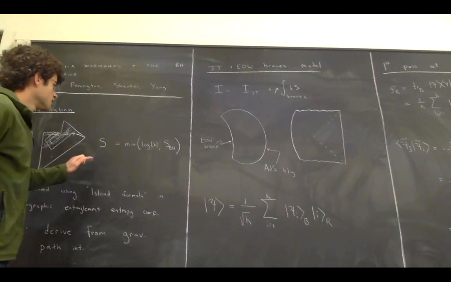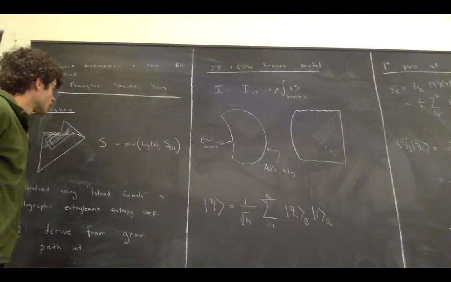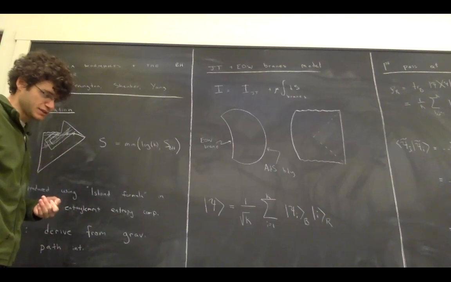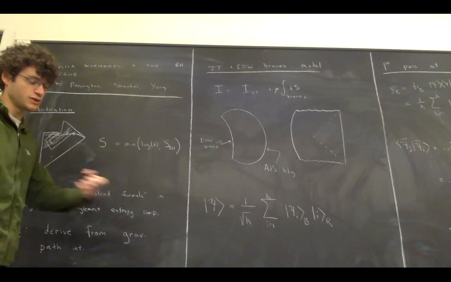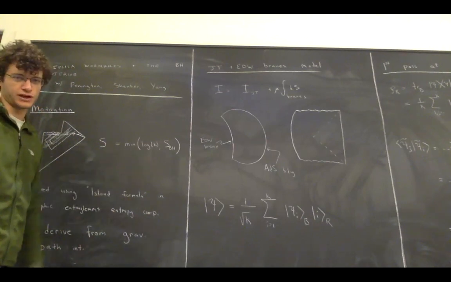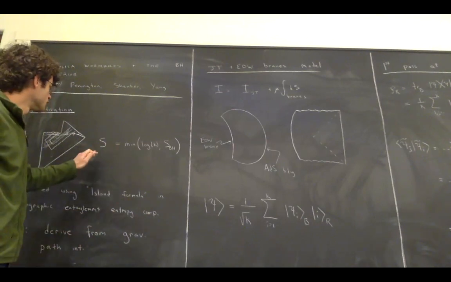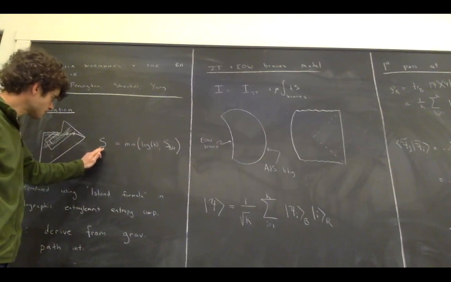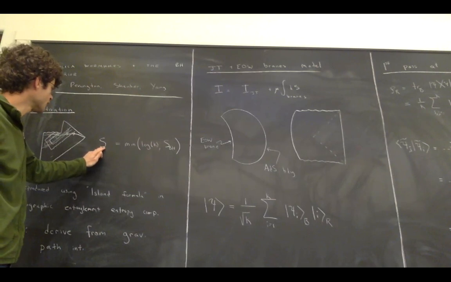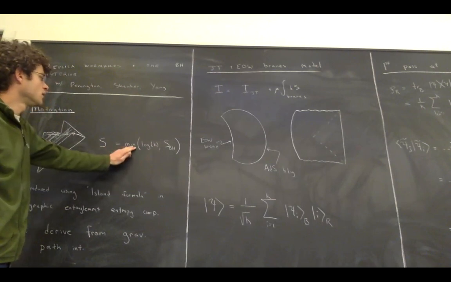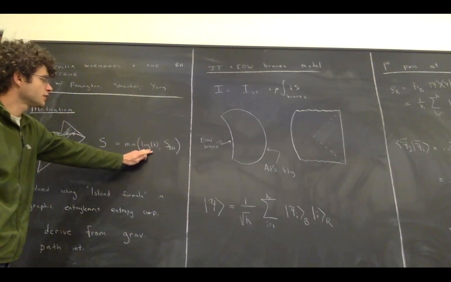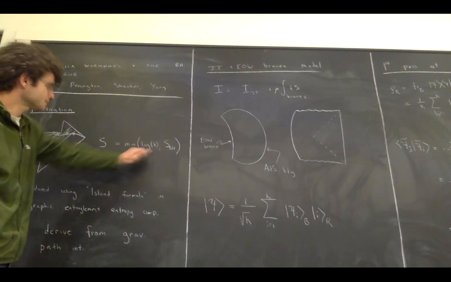But this runs into a contradiction with the fact that the black hole itself can't be entangled with more than its own entropy worth of Hawking radiation. So the corrected formula proposed by Page is roughly that the entropy of the Hawking radiation should be the minimum of two terms. The first one is the naive term, the thermal entropy of the Hawking radiation, log k.